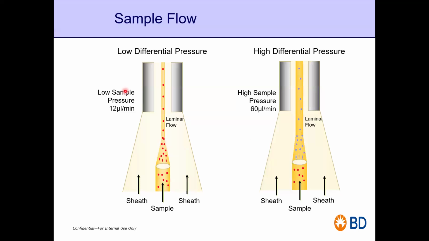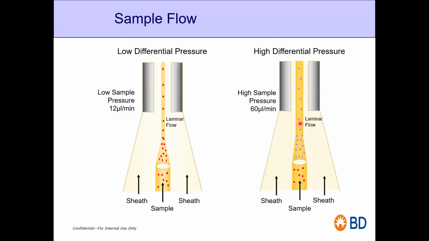Okay, so what happens in low pressure? The core size is small, so it is letting the cells go inside the machine one by one, and at the interrogation point they will hit one by one. But in high differential pressure or high sample pressure, the core size has increased, and now you see there is a zigzag motion of the cells.